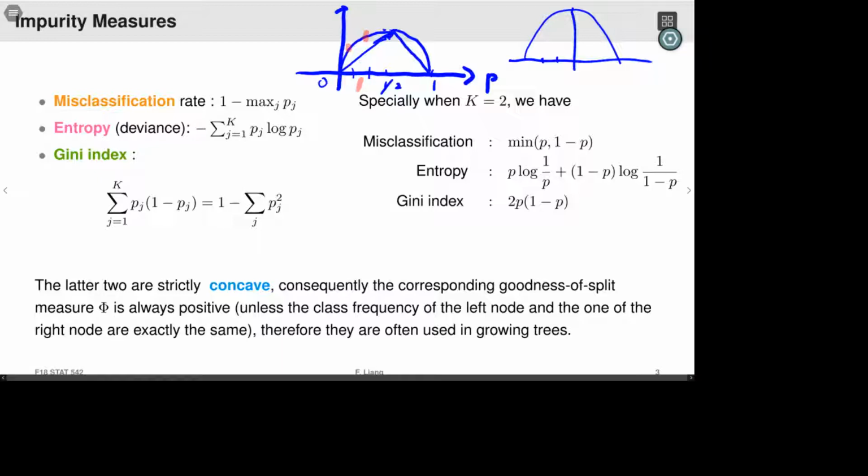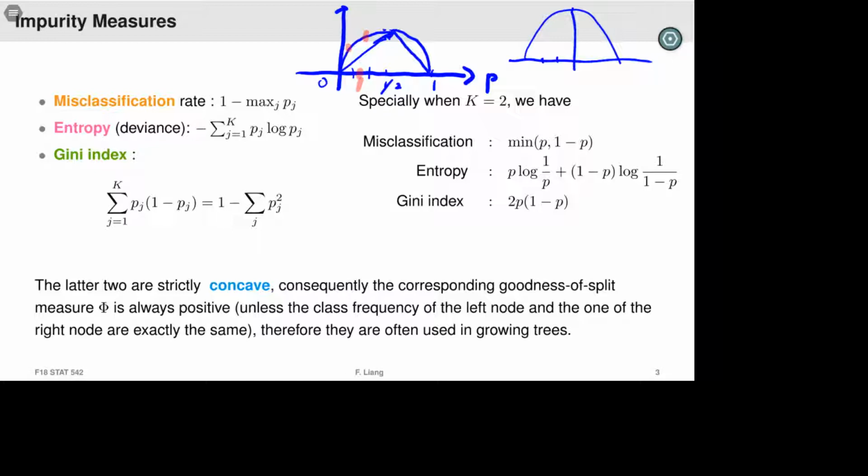So I have three dots there. The two blue bars represent the percentage of the left and right, and the pink bar in the middle is the percentage of the parent node.